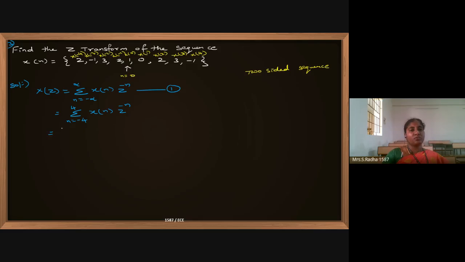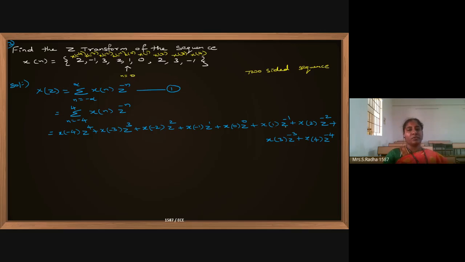So when I put x of minus 4, z power will become minus of minus, plus 4. Next x of minus 3, z power plus 3, x of minus 2, z power plus 2, x of minus 1, z power plus 1, x of 0, z power 0, x of 1, z power minus 1, x of 2, z power minus 2, x of 3, z power minus 3, x of 4, z power minus 4.